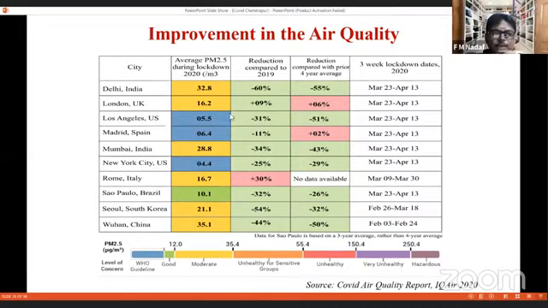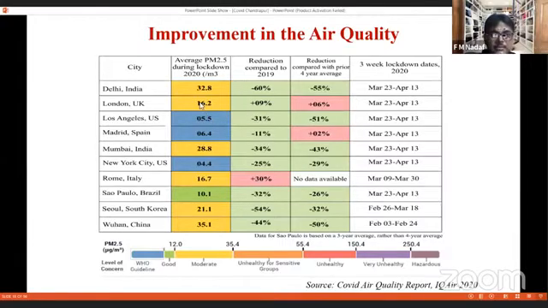If you compare the lockdown air quality with 2019, there is an improvement of 60%, meaning there is a decrease in pollution. There is improvement in the air quality by 60% in Delhi in comparison with the lockdowns. If you compare the same thing with a 4 year period, it is minus 55%. This is during lockdown 1 and lockdown 2.